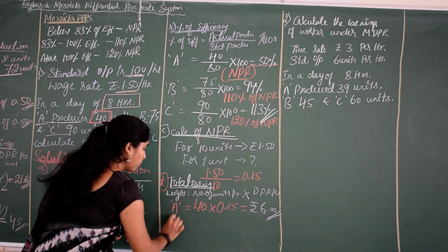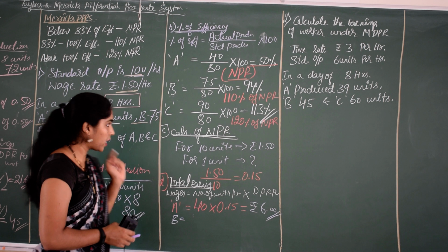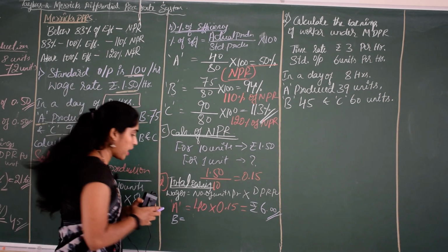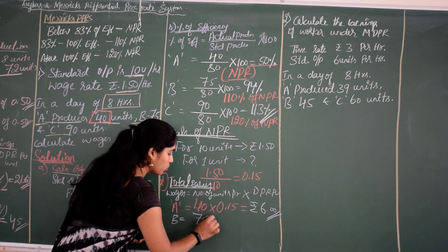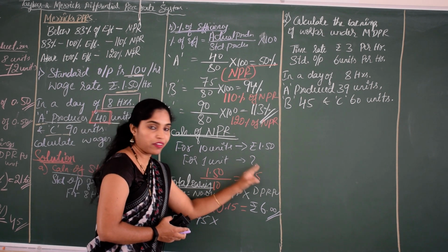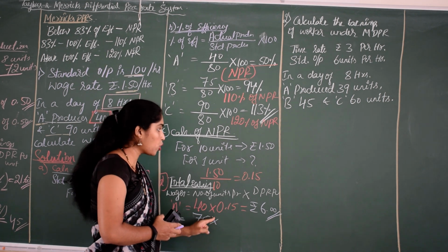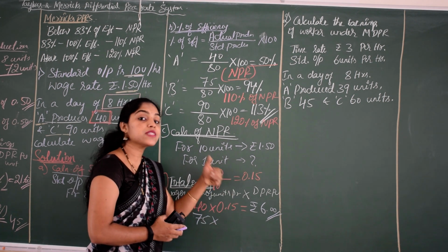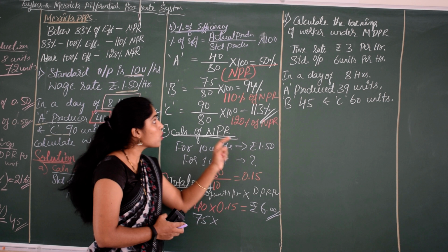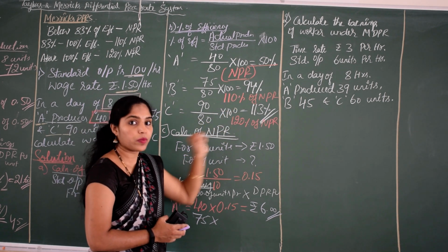Now, take Mr. B. So, B's total or actual production is 75 units. So, 75 units into the rate per unit, which is 0.15, 15 paise, but you cannot take the same 15 paise here because his efficiency is more than 83%. So, he is eligible for 110% of normal piece rate.